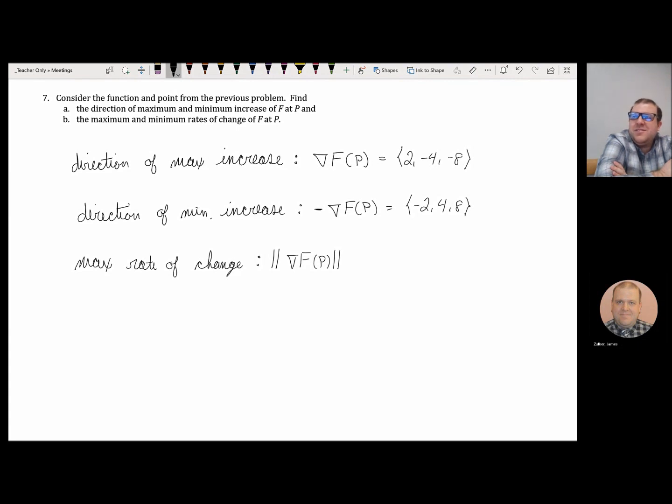It's the magnitude of the gradient. So we're gonna get what? 4, 16 is 20, 64 is 84. The square root of 84, which is 2 root 21.